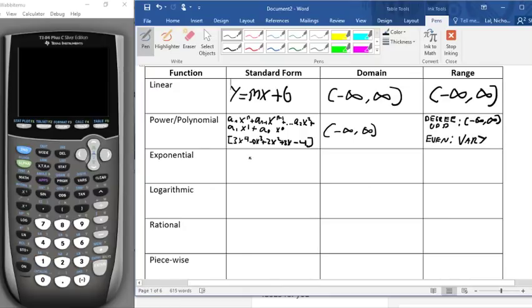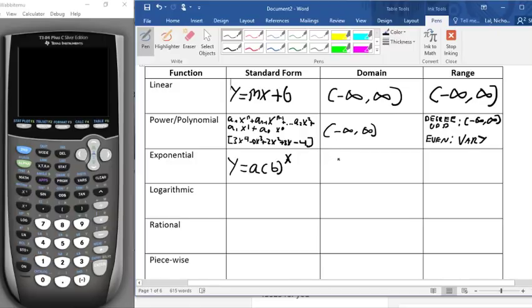For an exponential function, this is going to be the form y is equal to a times b to the x power, where a is your starting value and b is the growth or decay factor.